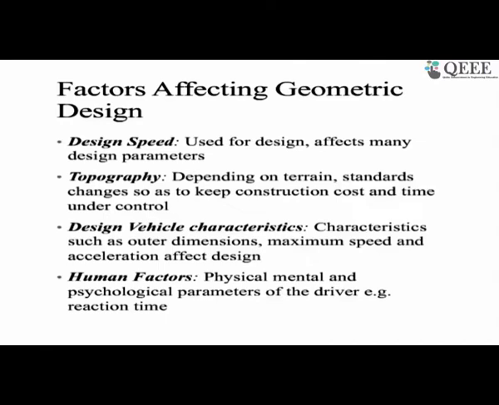Design vehicle characteristics. You are designing a highway for the user, and the users in this case are the vehicles. The vehicles include cars, trucks, and other vehicles. Now with trucks, there is a multi-axle truck and then the regular truck.